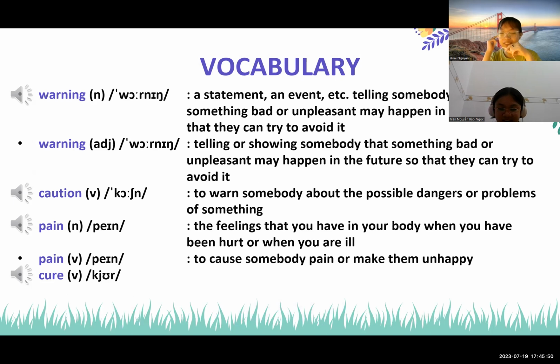Okay, it is quite serious, right? So, for example, let me take an example for you: I used to pain my mother by showing her my poor marks in my English examination. Cô đã làm tổn thương mẹ của cô khi cô đưa cho mẹ thấy cái điểm kém của mình trong bài kiểm tra tiếng Anh. Đúng không? Okay.